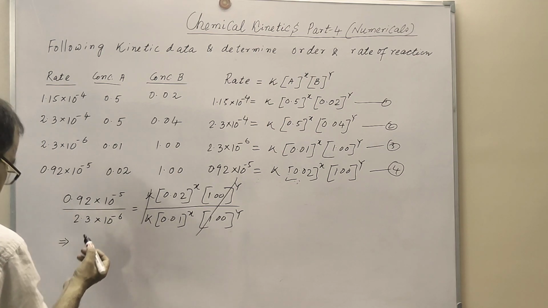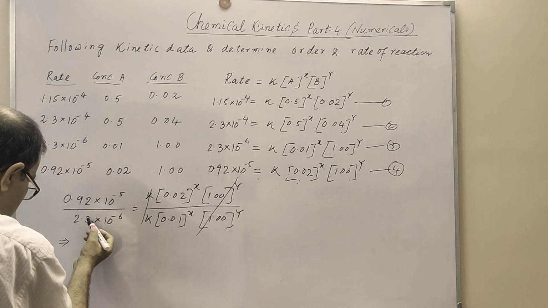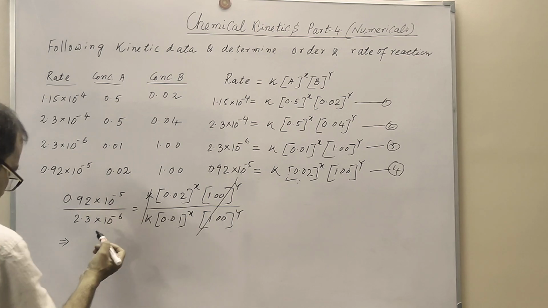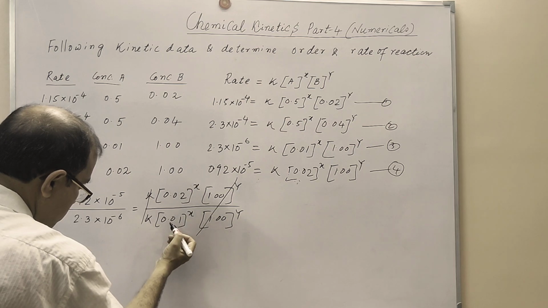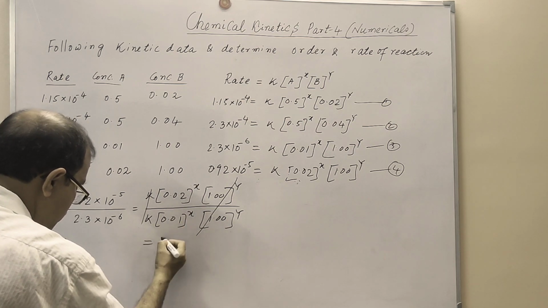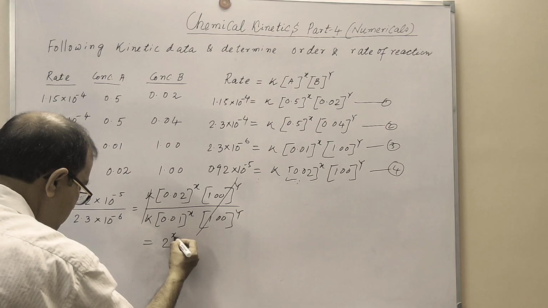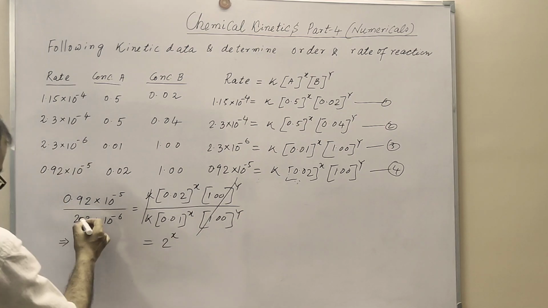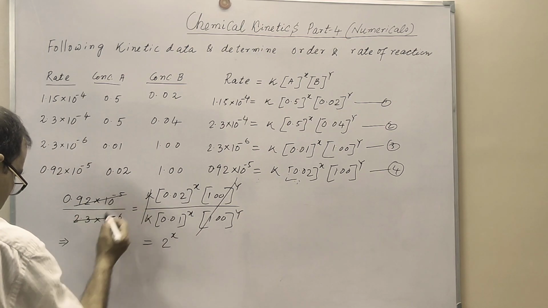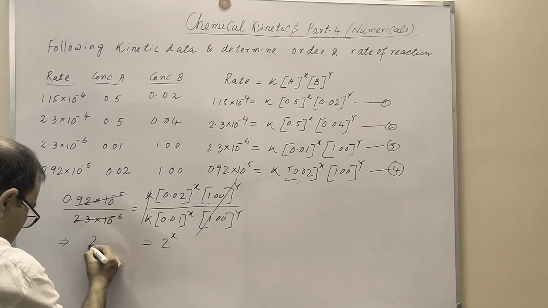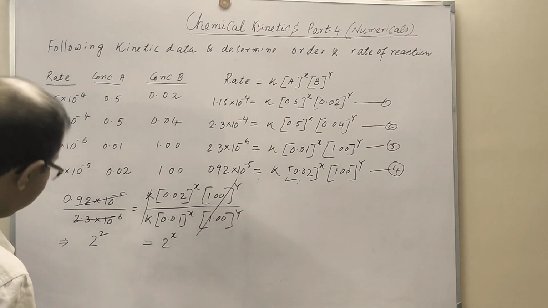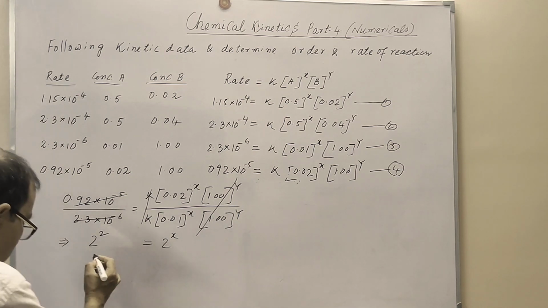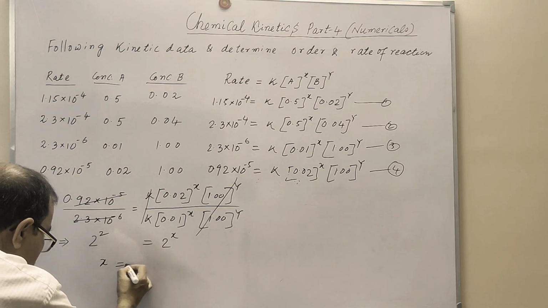You can get this is 2 to the power x, and you can get this value is 4, meaning 2 to the power 2. Okay. So now x equals 2.